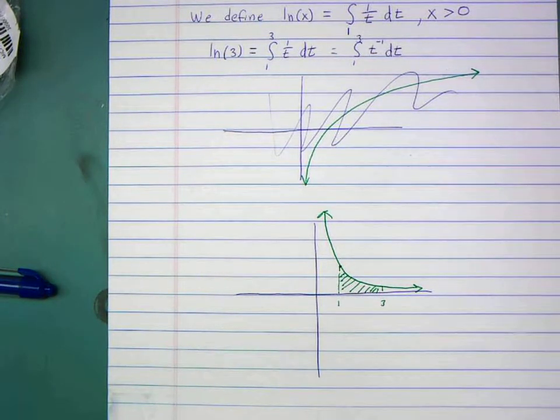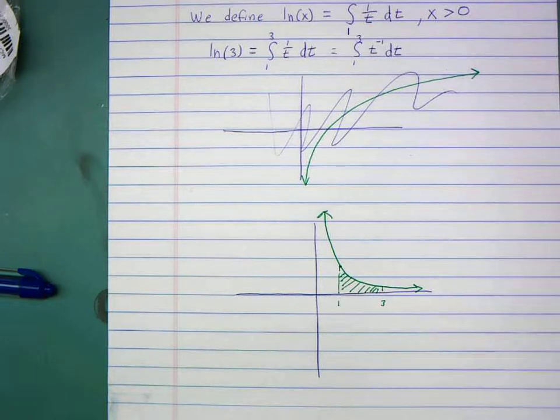How could I estimate that area? I could use Riemann sums. I could use rectangles. What else could I use? I could use the trapezoidal rule, or I could use Simpson's rule. So I could approximate it. I could get a very accurate answer, but I can't find the exact value. How come I can't find the exact value? What kind of number is it?